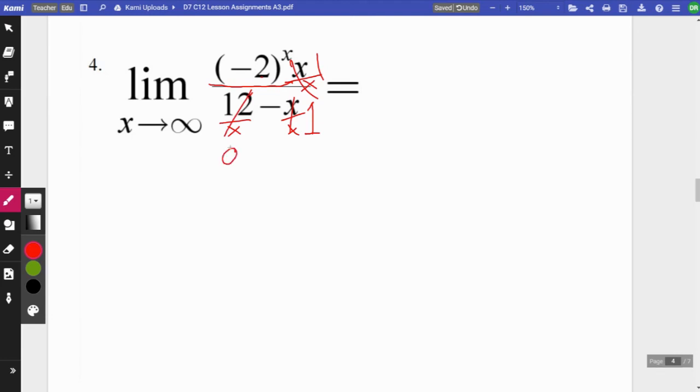So 0 minus 1 on the bottom, and on the top, just -2 to the x. So -2 times 1, but -2 to the x over -1 is what I ended up with.